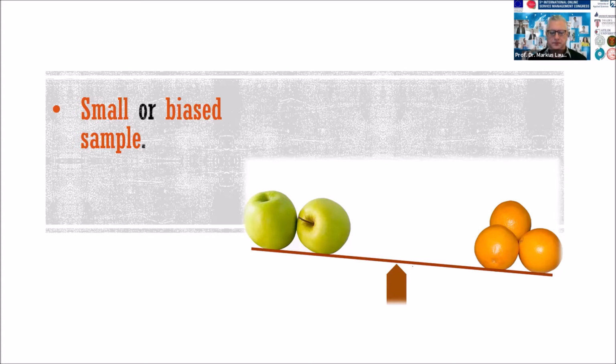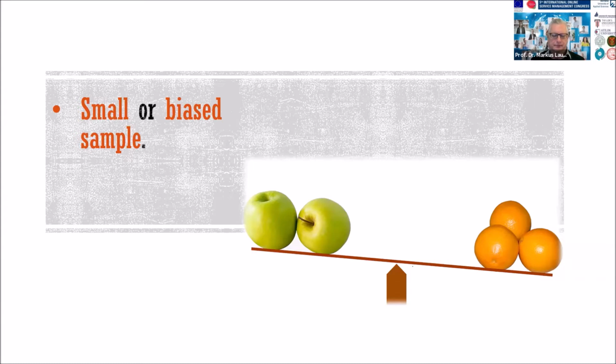And when we say biased sample, here is an example: if you are collecting a sample of orange and apple, and the sample tends to be more toward orange, why do you collect two elements if your sample tends to be orange more than apple? It was better to rely on orange only.